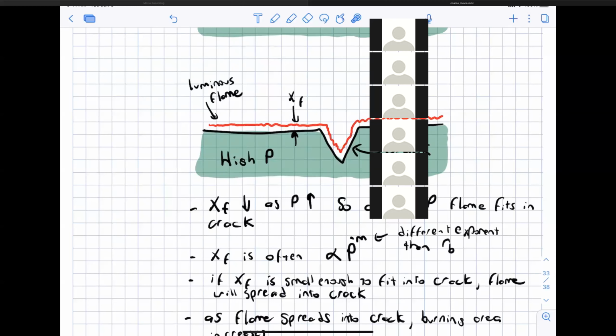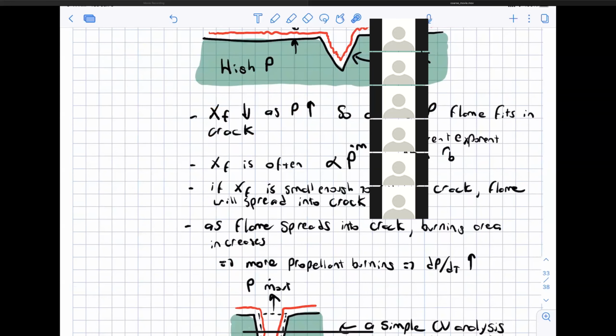And so now in your rocket, you not only have this entire surface area here generating gas mass, you have the sides of the crack too that are also generating gas mass. So there is a net increase in the burning mass flux. If you increase the burning mass flux of the propellant, due to the increased surface area of the crack, you're going to dynamically increase the rate of pressurization of the rocket.